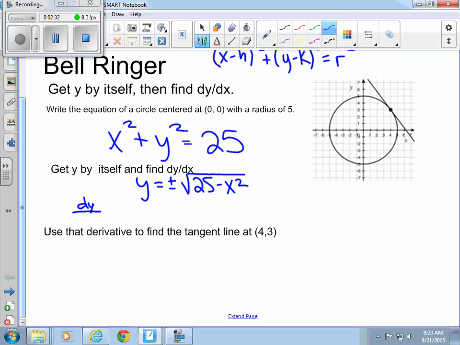So dy/dx, or y prime, whatever you prefer to call it, is 1/2, leave the inside alone, to the negative 1/2, times the derivative of the inside.